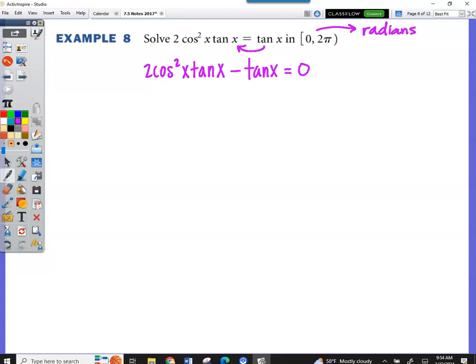What do you notice? What do we have? 10 minus 10. How many terms do you have? Terms are separated by plus and minus. 2. Wait, greatest common factor. There it is. You got a GCF of what? Of tan x. Let's pull it to the front.